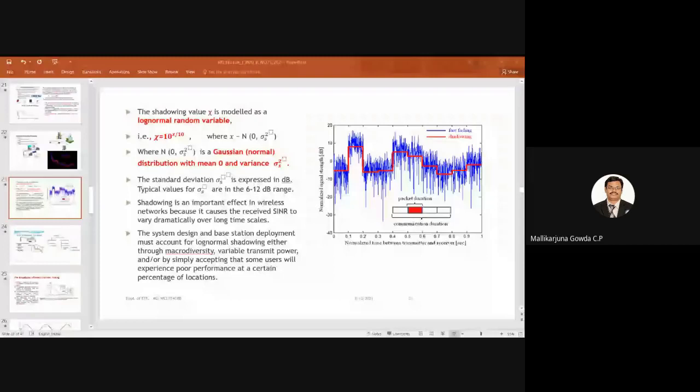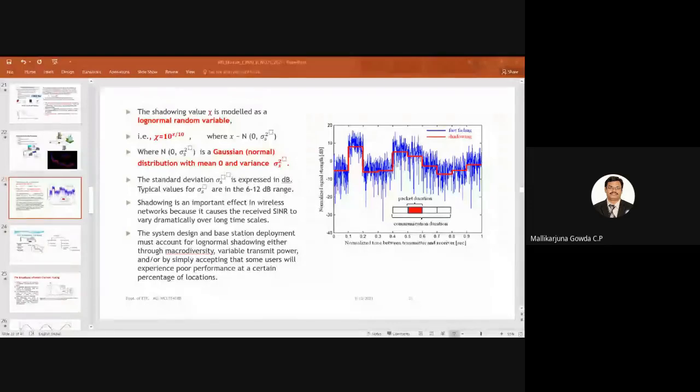When we are deploying the system, the system design and the base station deployment must account for this log normal shadowing, either through macro diversity, variable transmit power, or by simply accepting that some users will experience poor performance at a certain percentage of locations.